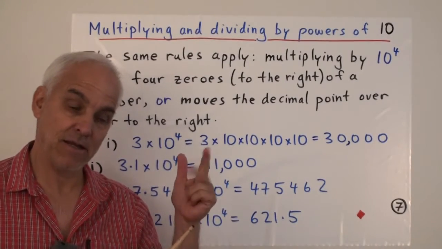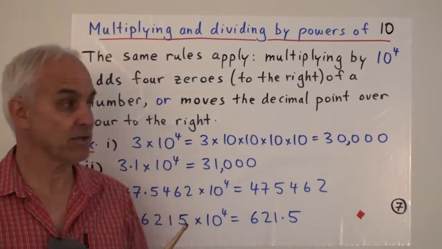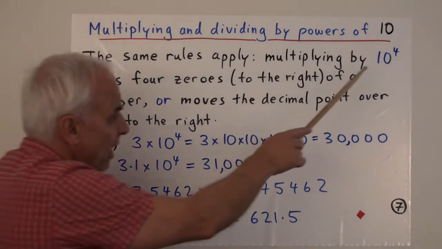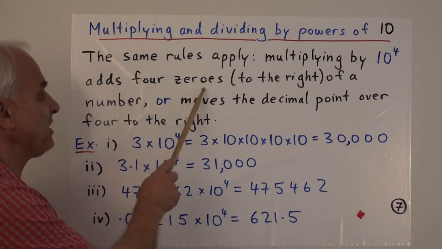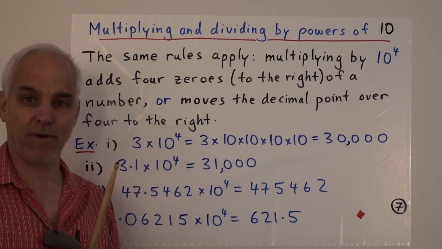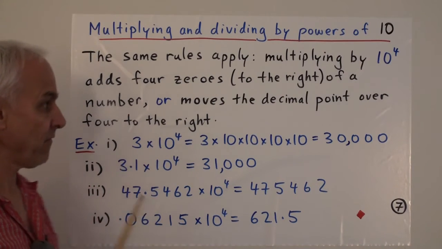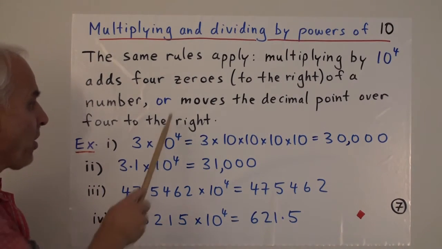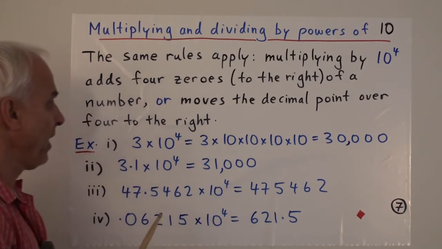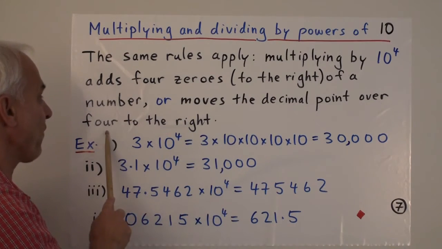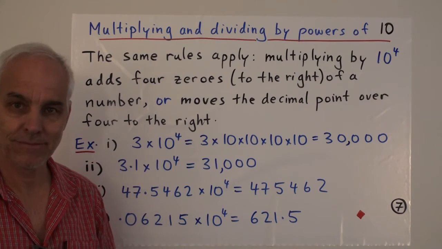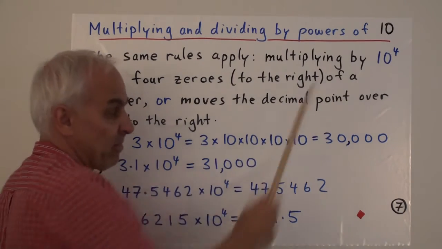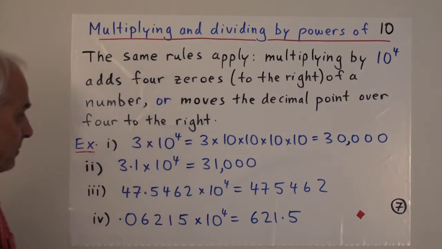It's 10 times 10 times 10 times 10. That's 10,000. If we multiply by 10 to the 4th, or 10,000, what happens? Well, it adds 4 zeros to the right of a number. Or in terms of the decimal point, the decimal point moves over 4 to the right, because we're multiplying by 10 to the 4.